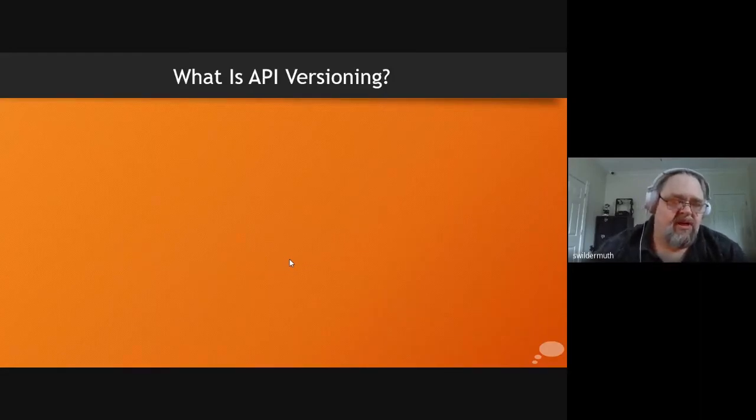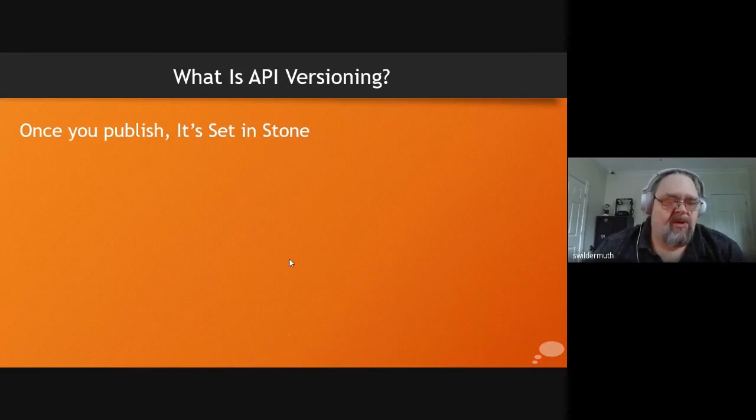API versioning. So when you're creating APIs, whether they're for your own little project or more importantly, within your organization, or especially if you're using partners, once you publish it, it's set in stone because you're saying that other people have code that's written against it. And so these users, whether they're internal or external, will rely on the API not changing.